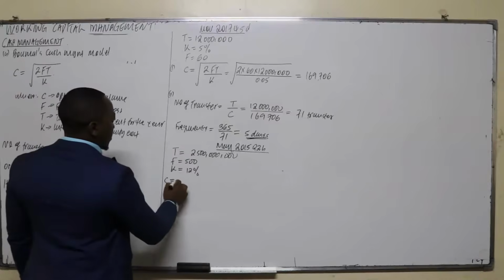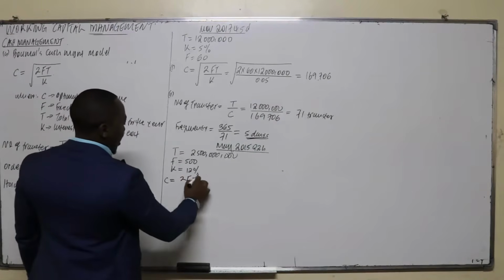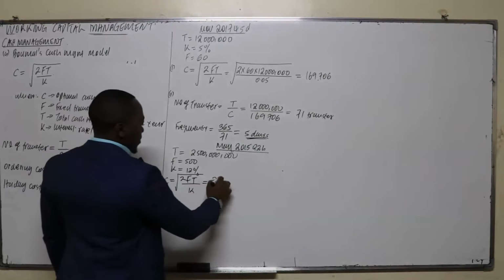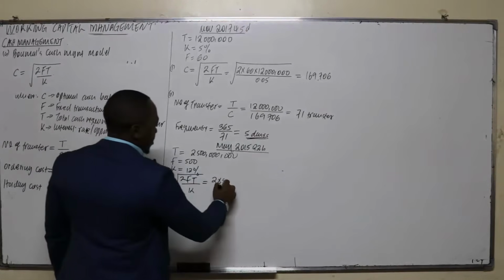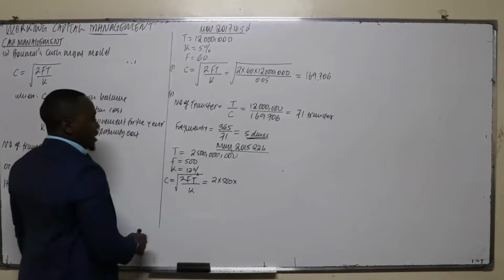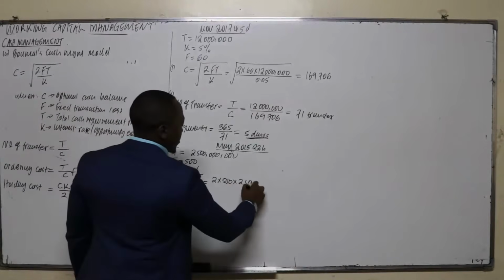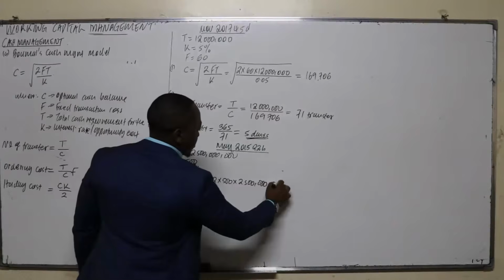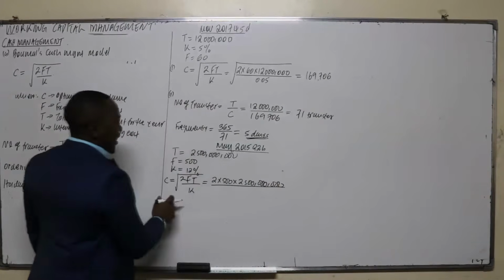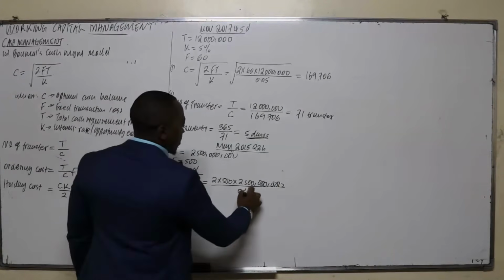So C, you see that is the square root of 2FT over K. So it will be 2, fixed transaction cost is 500, T is 2.5 billion, all of it you divide by K. K is 12%, 0.12.